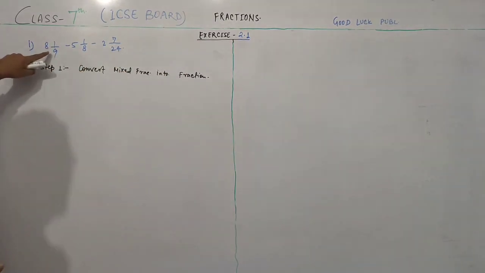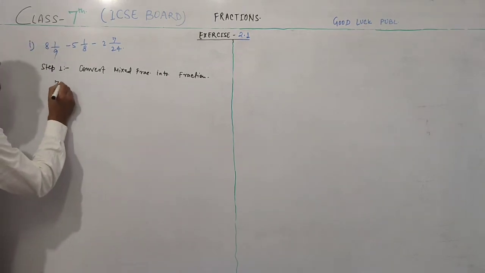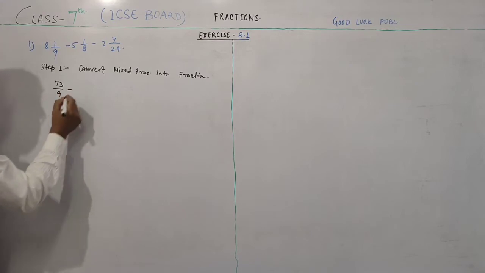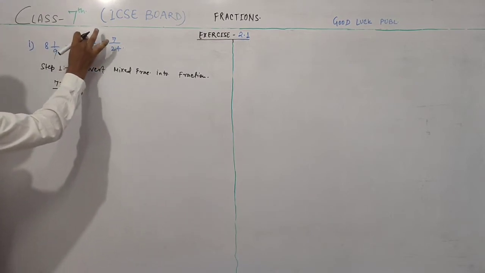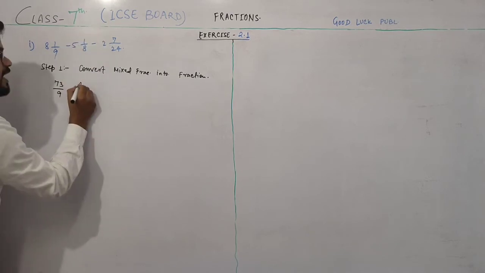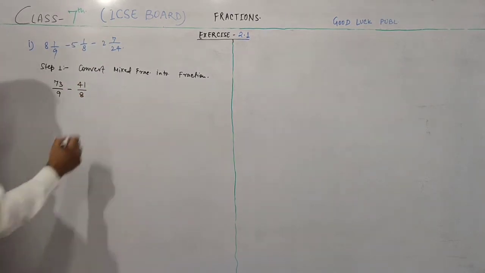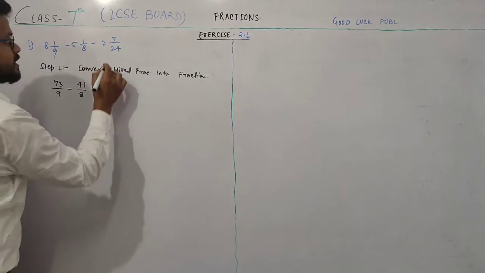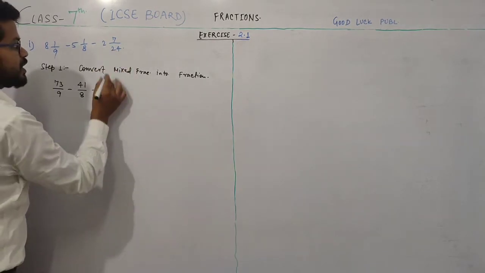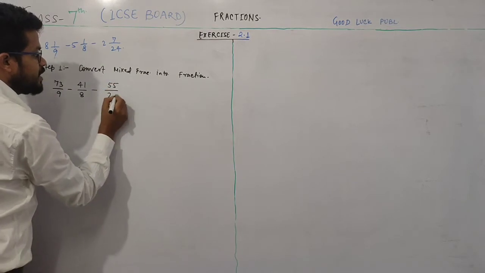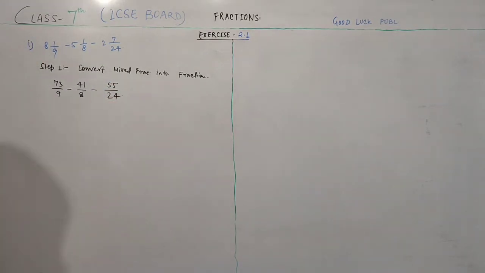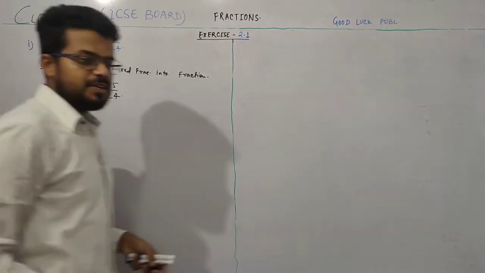So this is 8 into 9, 72 plus 1, 73. This is 73 by 9, minus 8 into 5 is 40, and then 40 plus 1 is 41. So I write here 41 by 8, minus this is 24 into 2, 48, and 48 plus 7 is 55 by 24. So this is the first step to convert mixed fraction into fractions.